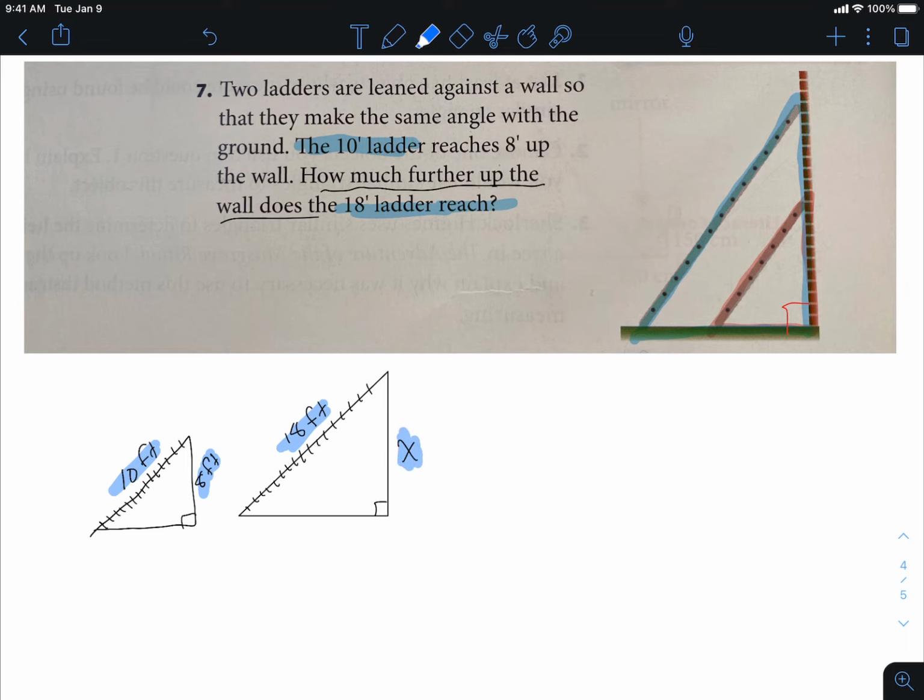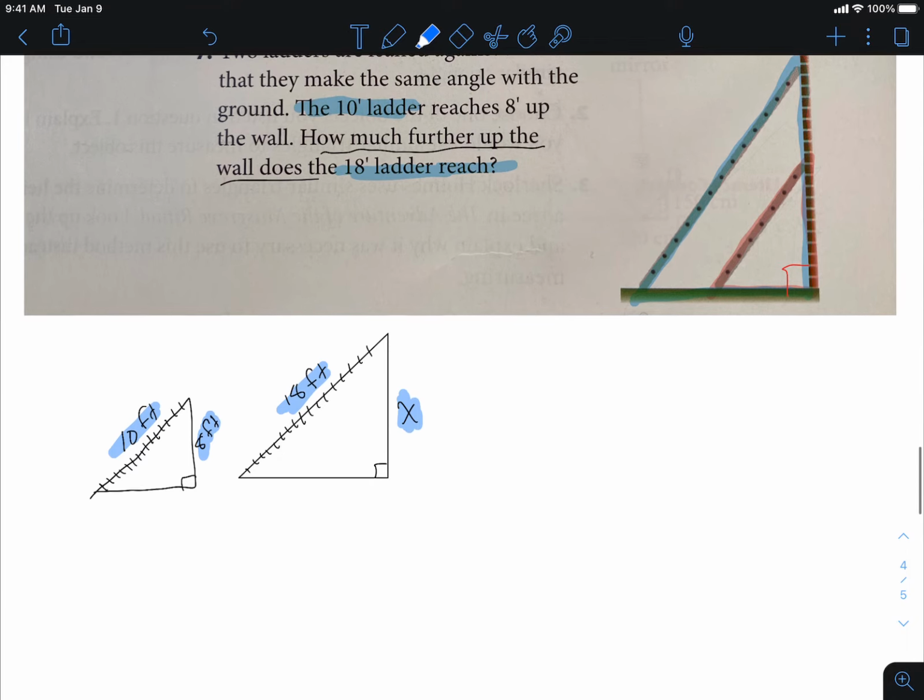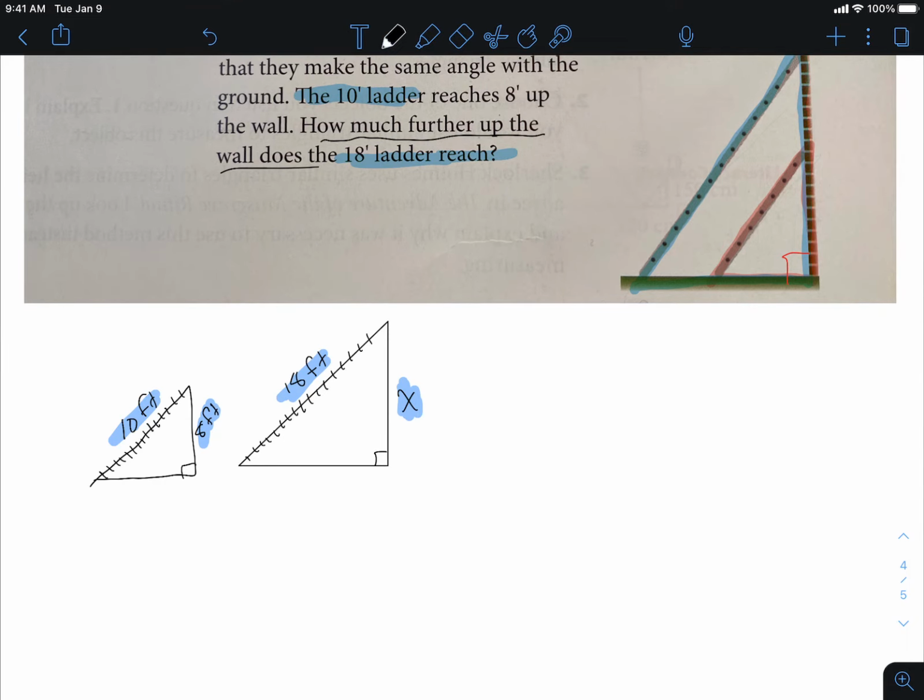So in the way that I've set these pictures up, I can solve for what x is using my similar triangles and my scale factor, or ratio setup. So what I'm going to do is go 10 over 18 has to equal, the 10 came from the little triangle, so I'm going to put the other side length from the little triangle on top over here, 8 over, what's the thing I'm trying to find? X.